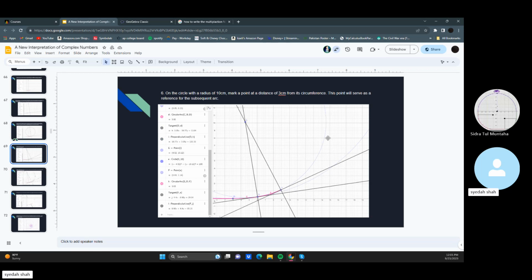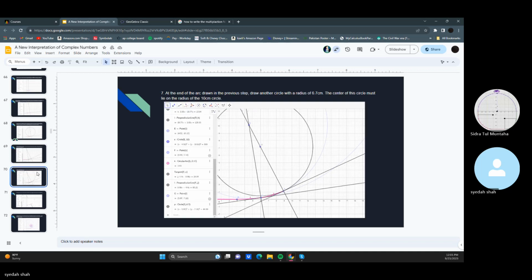So we did this, the subsequent arc. At the end of the arc drawn at the previous step, draw another circle with a radius of 6.7 centimeters. The center of this circle must lie on the radius of the 10 centimeter circle.